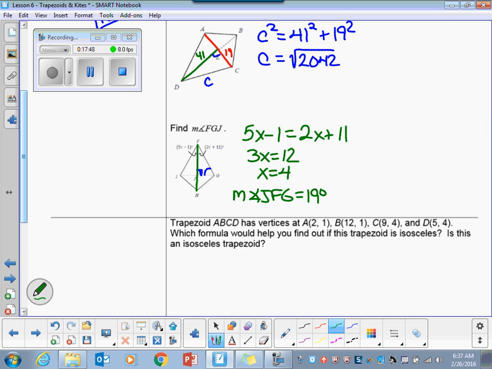So 180 minus 90 minus 19 will give me angle FGJ, 71 degrees.